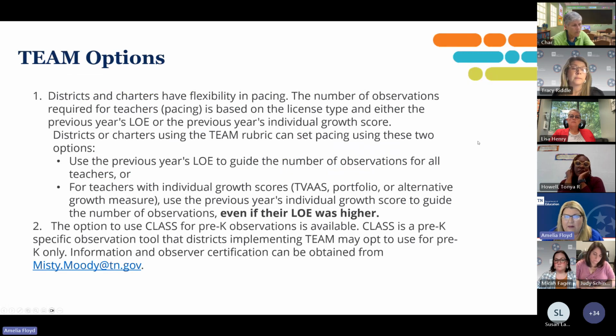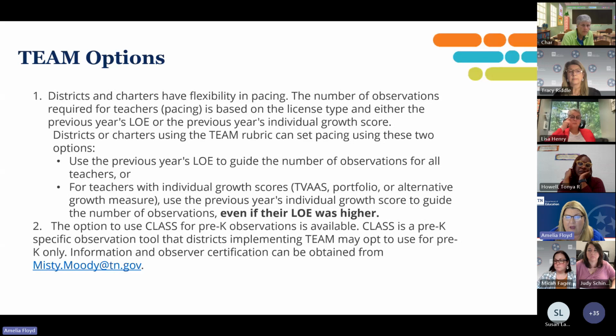Other options: districts and charters have the flexibility in pacing, which is the number of observations that are required by licensure type, and that pacing can either be based on the prior year's LOE or the prior year's individual growth scores.